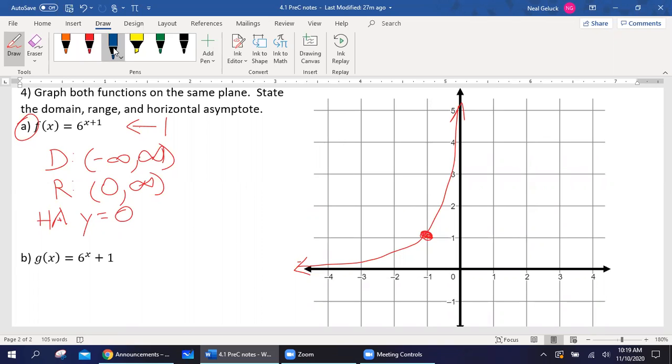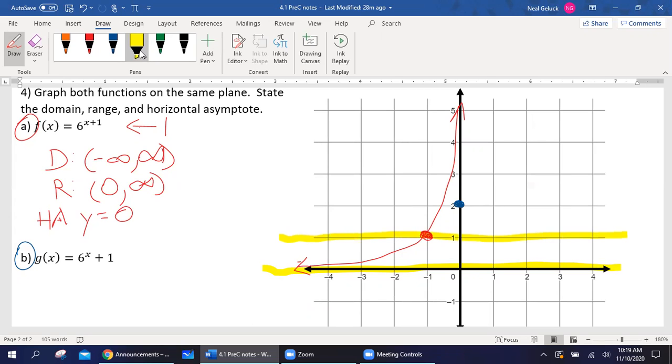For letter B, we'll do this one in blue. It's 6 to the x, but then plus 1. So again, the point on the parent function is 0, 1. I'm going to move that up 1 to 0, 2. Now, also realize that means that my horizontal asymptote, which was the x-axis, is also going to shift up 1.